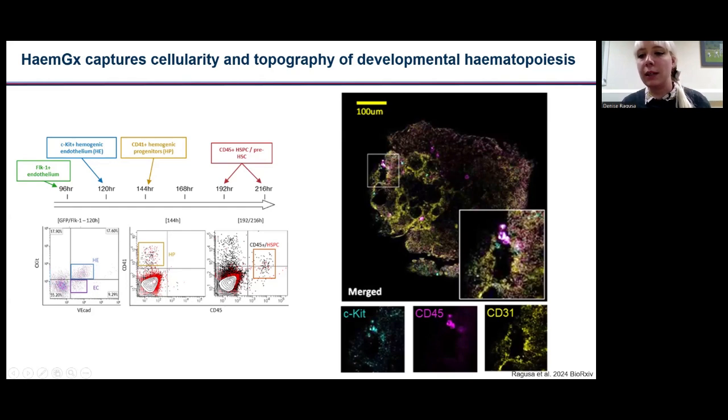We see CD31 showing again the endothelial encasing, and CD45 cells, again the hematopoietic marker, stemming from these locations, which are reminiscent of what we would see in the region in the embryo.